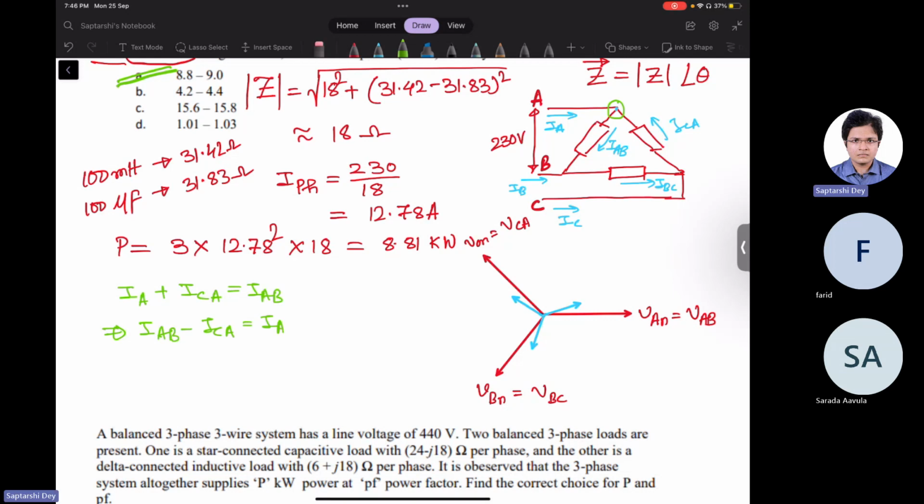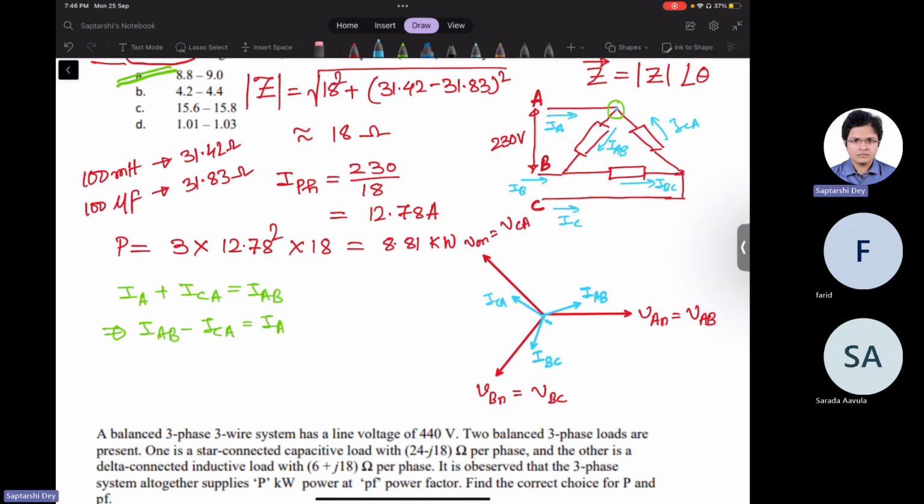So in what we have drawn, these are the phase currents IAB, IBC, ICA. To find the line current, we have to subtract ICA from IAB.